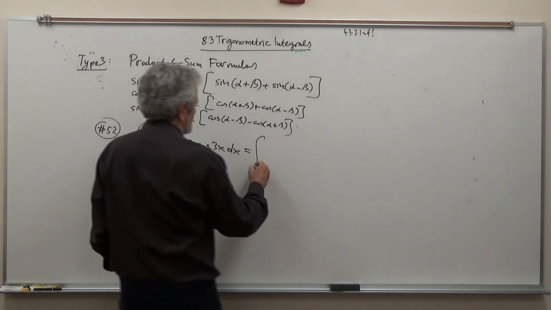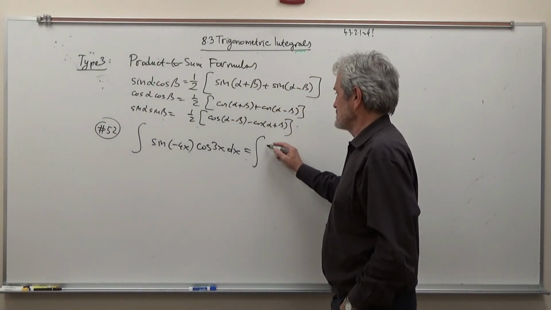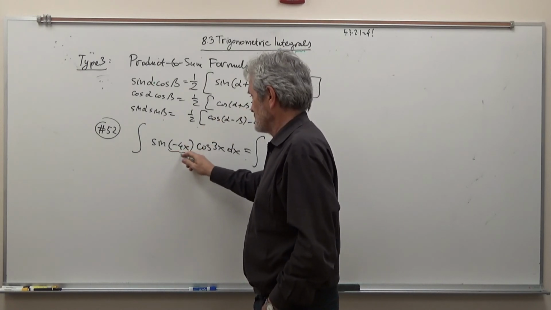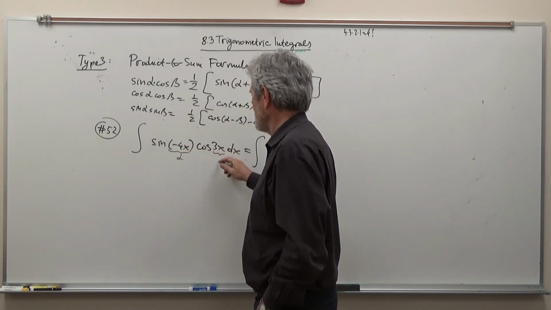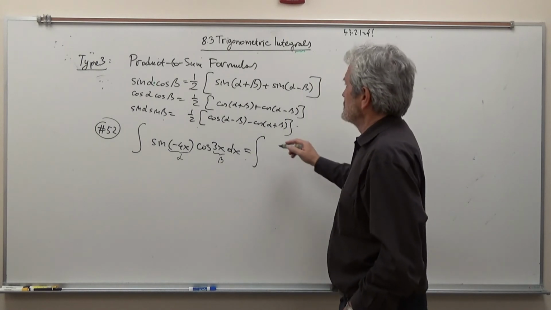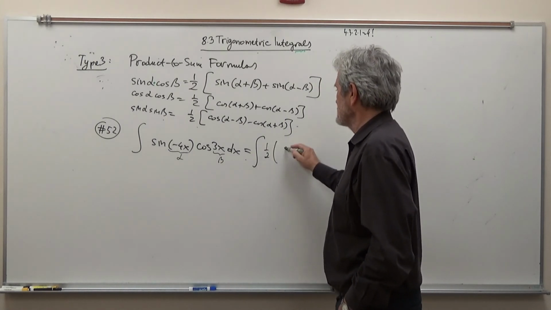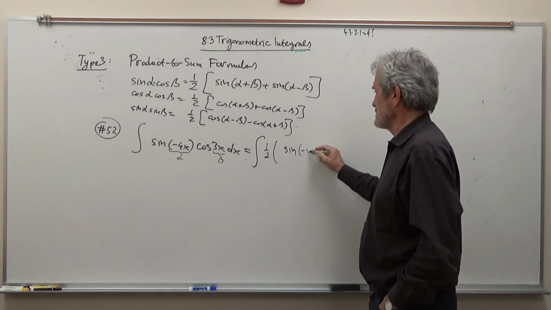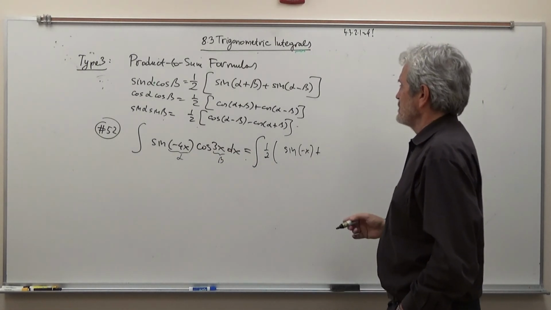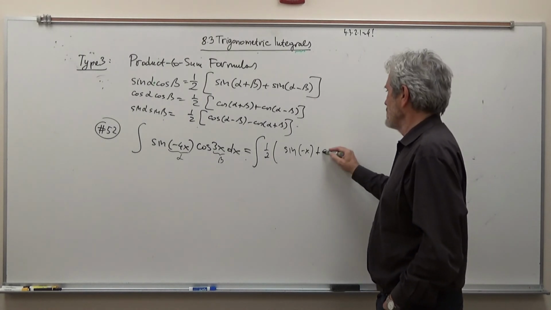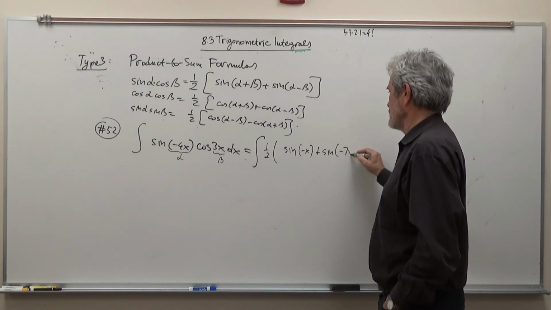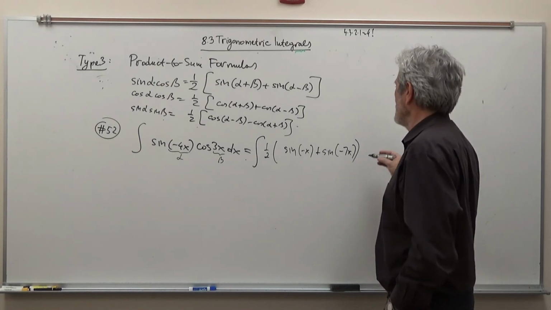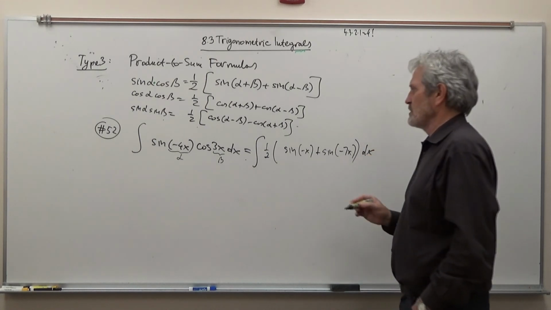So what you do here, you just trade this. Be careful, alpha is the guy on sine. So this is your alpha. This is your beta. So this will be 1/2 sine. When you add them up, minus 4x and 3x, you will get negative x. When you subtract them, first minus second will be minus 7x. Now I regret not pulling that minus out, but it's okay, we'll survive it.